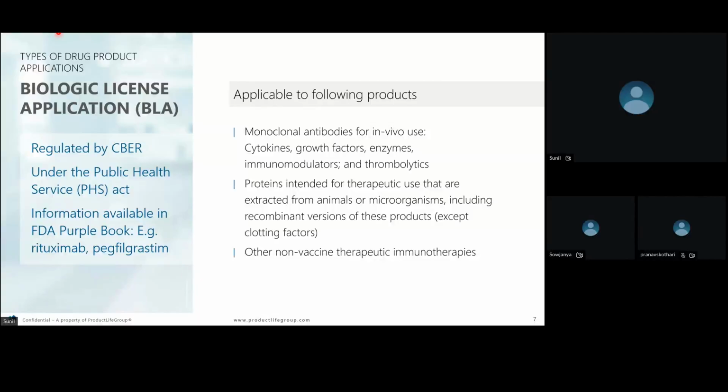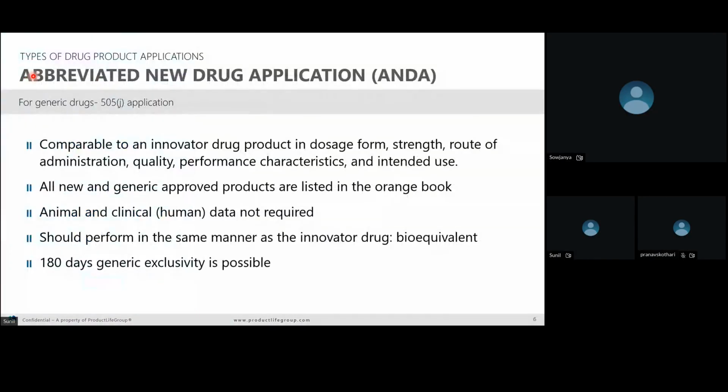Sir, what is the difference between ANDA and the 505(b)(2)? Because the innovator may complain that how can you use the same product when I have the patent? So how come 505(b)(2) will claim that patent? 505(b)(2) and ANDA is different.